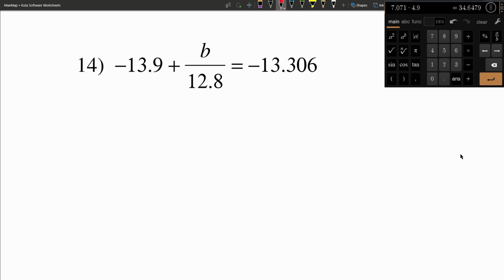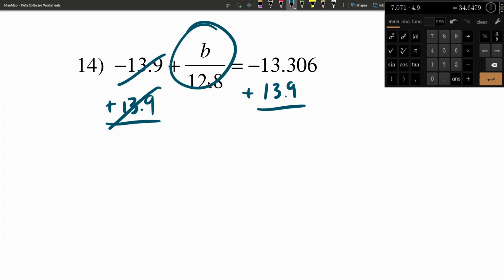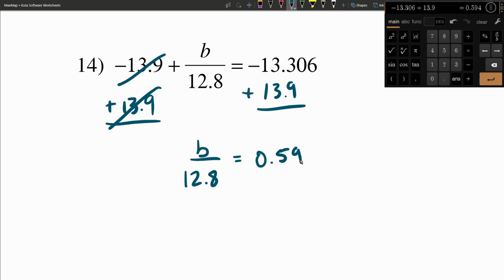Number 14, we're switching it up again. Our variable is in the numerator, but it's in the numerator of a fraction that's all by itself, and then added to another term. So we're going to start by getting rid of that term that our variable is added with by adding 13.9 to both sides. Doing so, we'll just have our variable in our fraction, which is b over 12.8, and that's going to be equal to a negative 13.306 plus 13.9, which is 0.594.